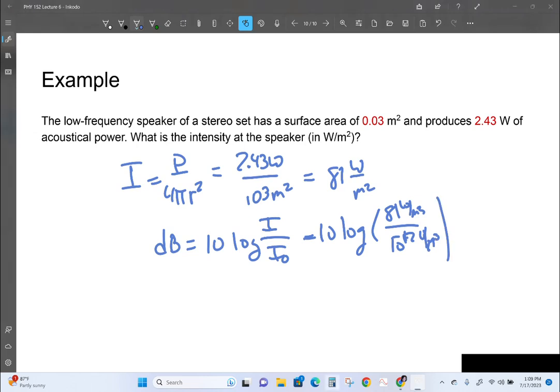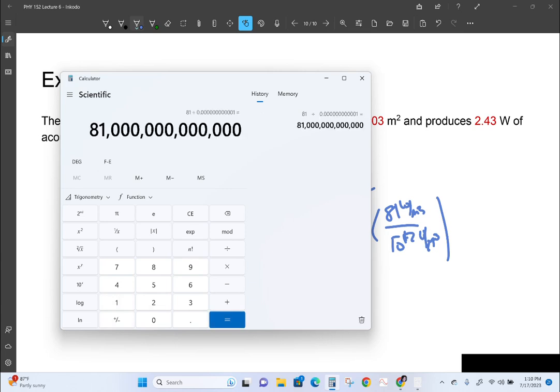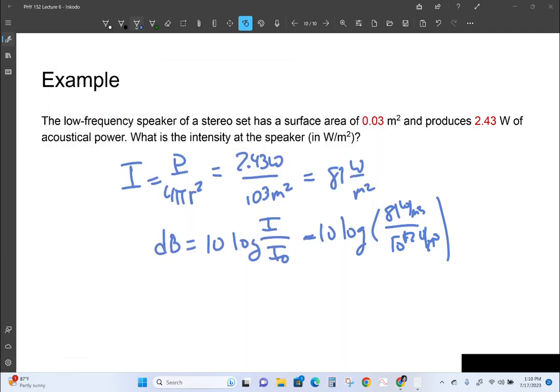So let's see if I can find my log button on here. Okay, so this is going to be 81 divided by 1 exponent negative 12. I'm going to take log of that and multiply it by 10, and that's 139 dBs, decibels.